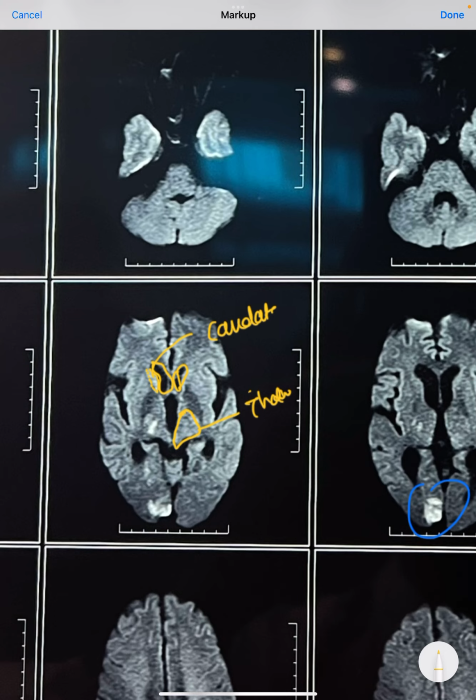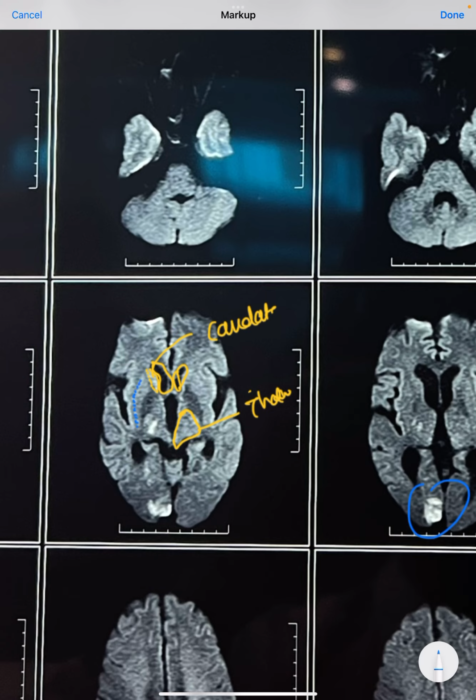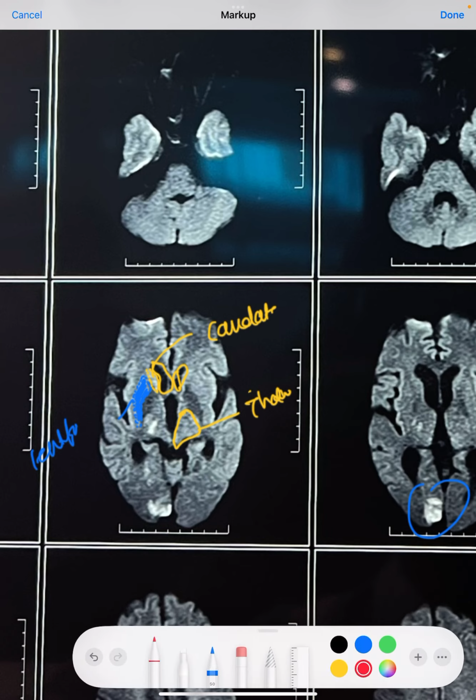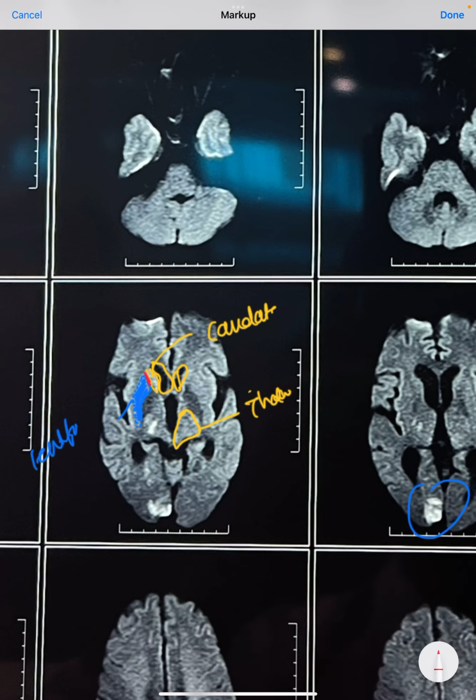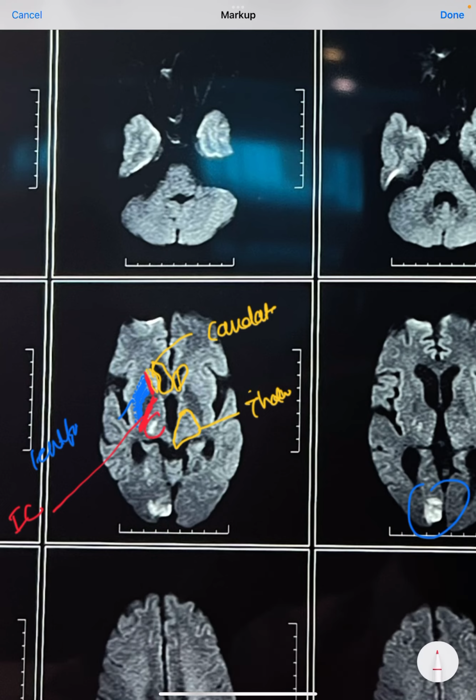And this typical structure is the putamen and globus pallidus, which is also called the lentiform nucleus. And in between this caudate, this thalamus and this putamen, this structure is the internal capsule. So there is hyper intense involvement, or there is acute infarct in thalamus as well.